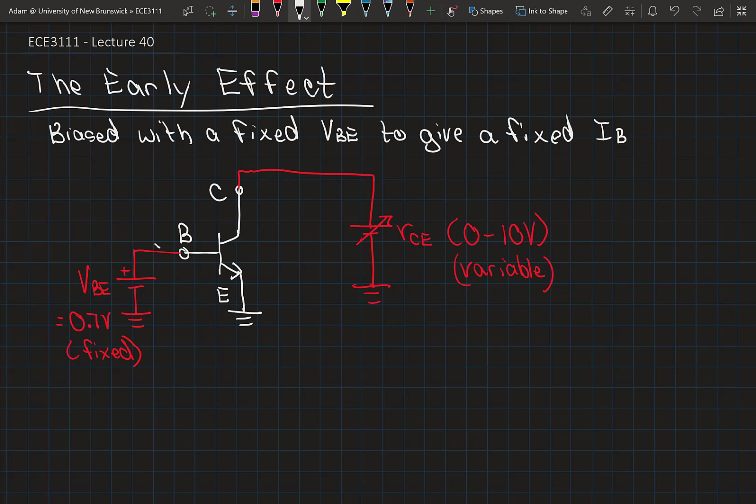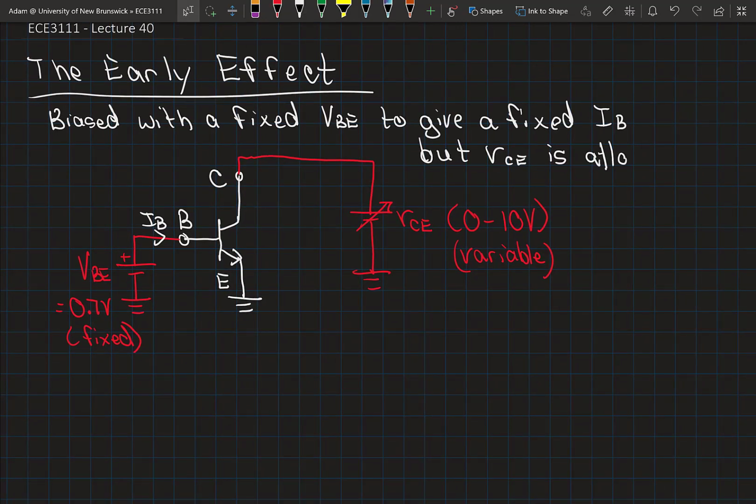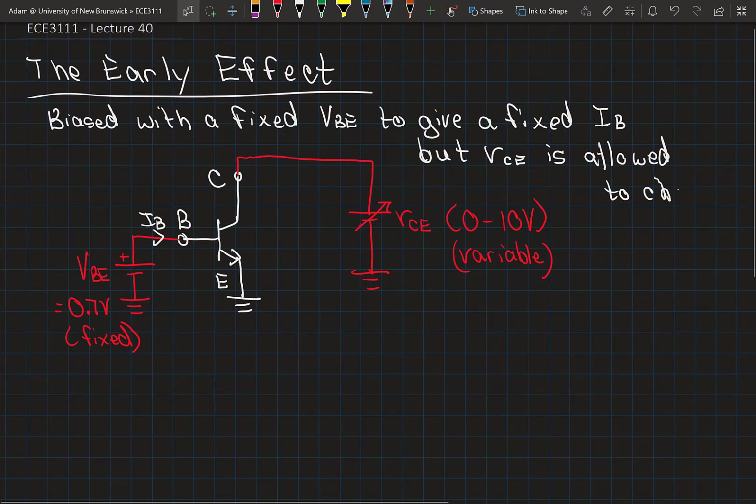I'll label IB on here, but VCE is allowed to change, as we see here.